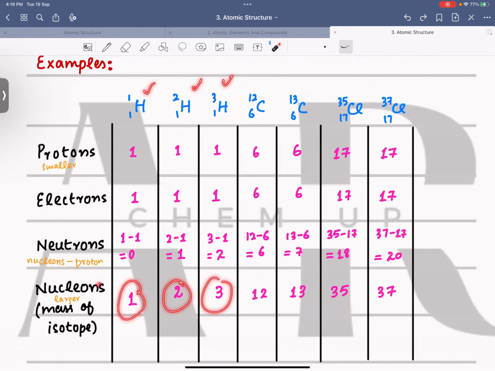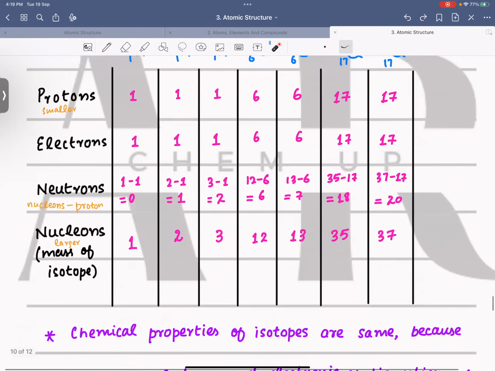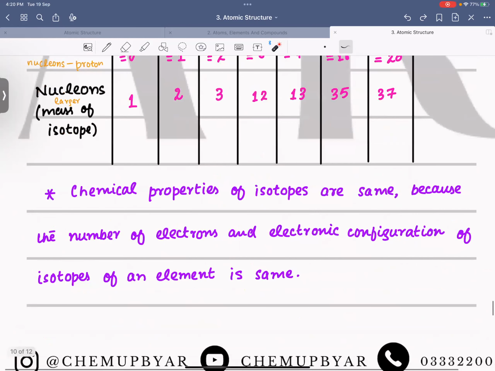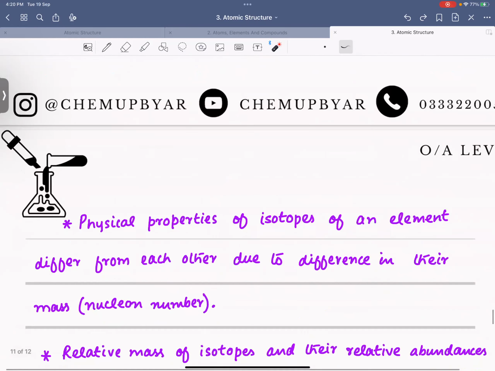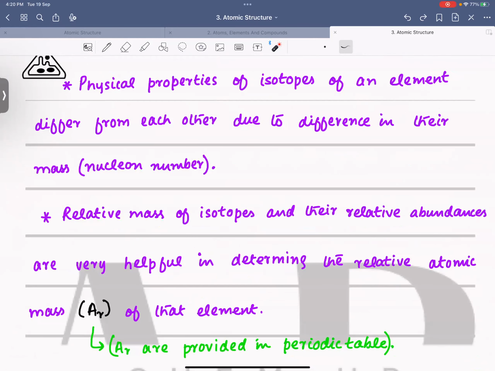As I have told you, the nucleon number is considered as their relative mass as well. So mass is a physical property, and we can see that their masses are different. It means the rest of the physical properties also differ from each other due to the difference in their masses, like their densities are going to be different. And it is because they have a different nucleon number.